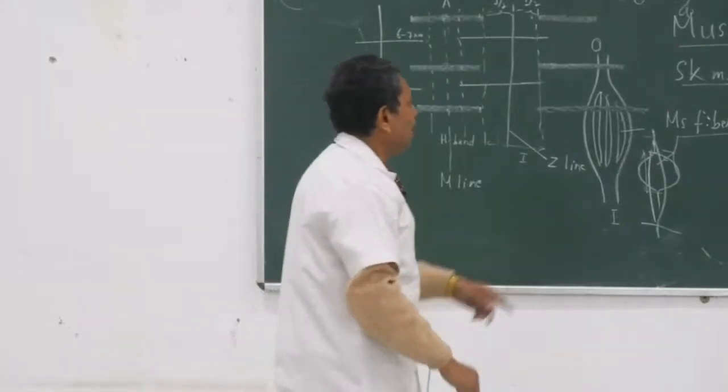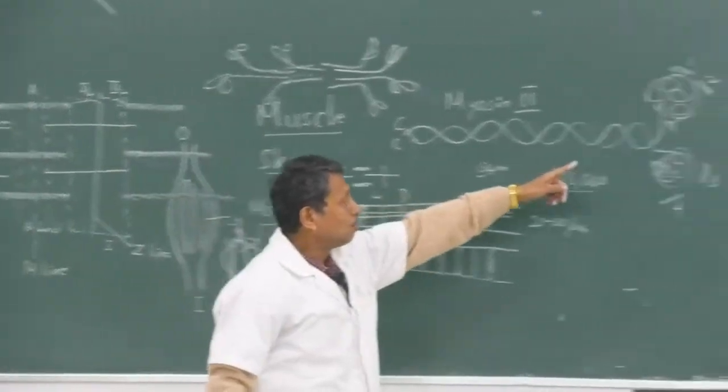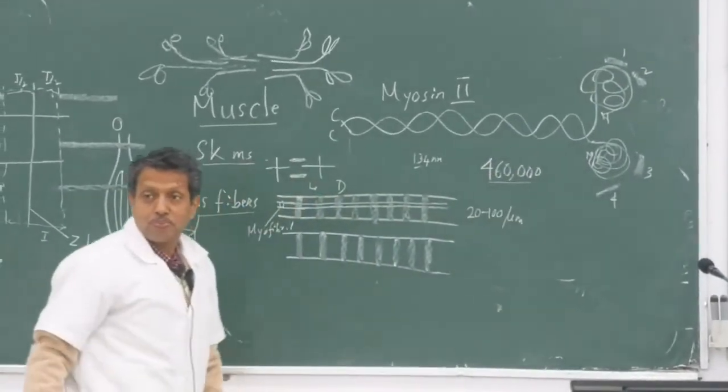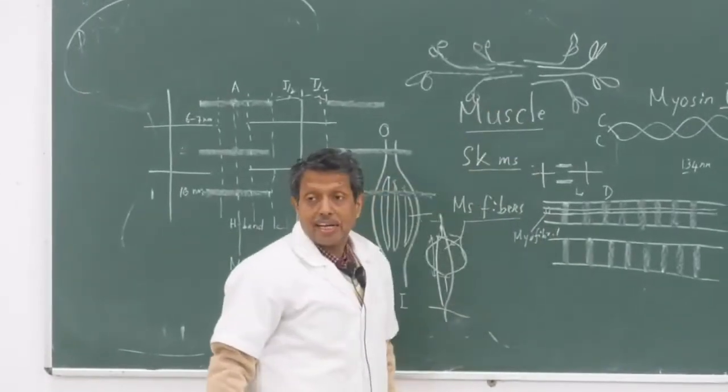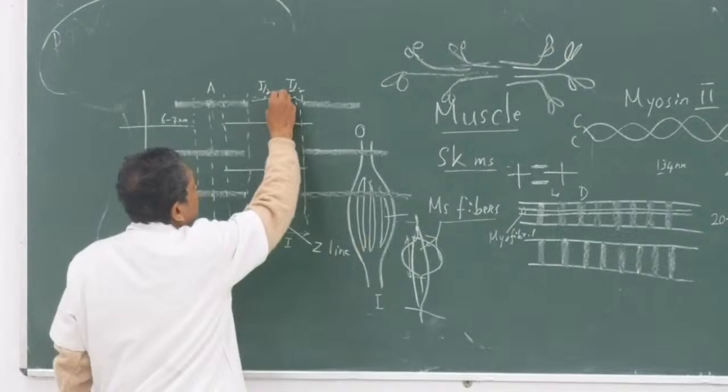So at the central part, and these are the heads. These are the head parts of the myosin 2 molecules. At the very center they are not present, and they form the pseudo H zone.